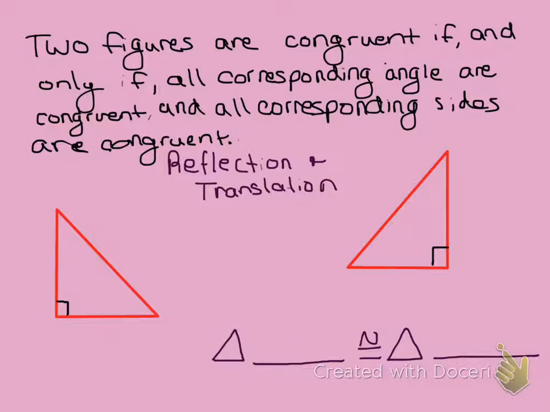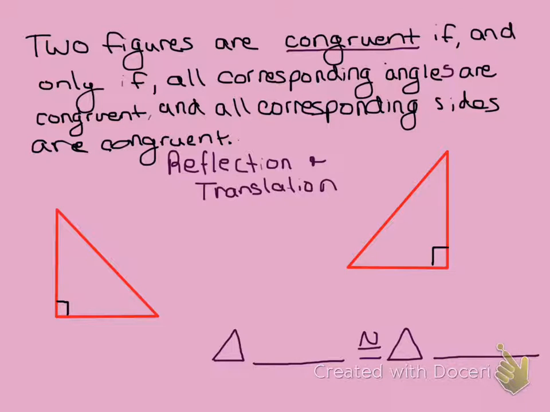So our definition we're going to be working with this year of congruent is two figures are congruent if and only if all corresponding angles are congruent and all corresponding sides are congruent.